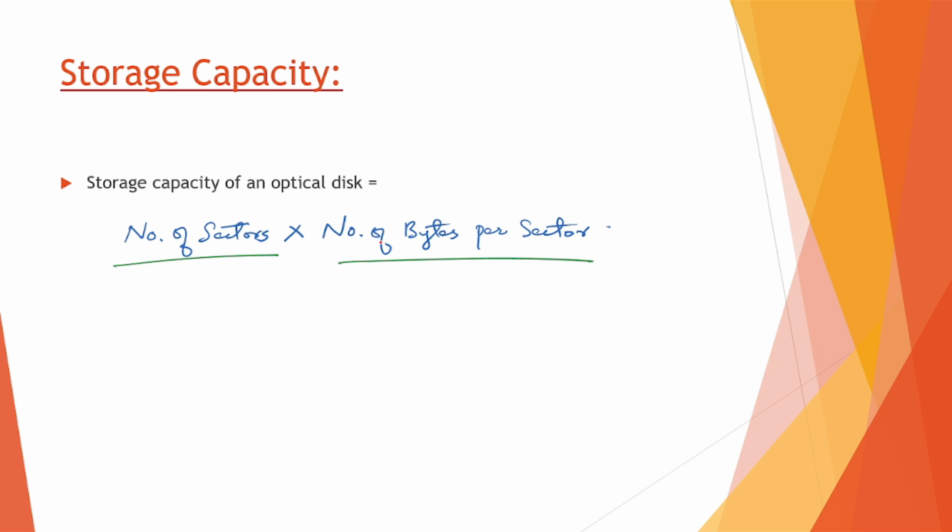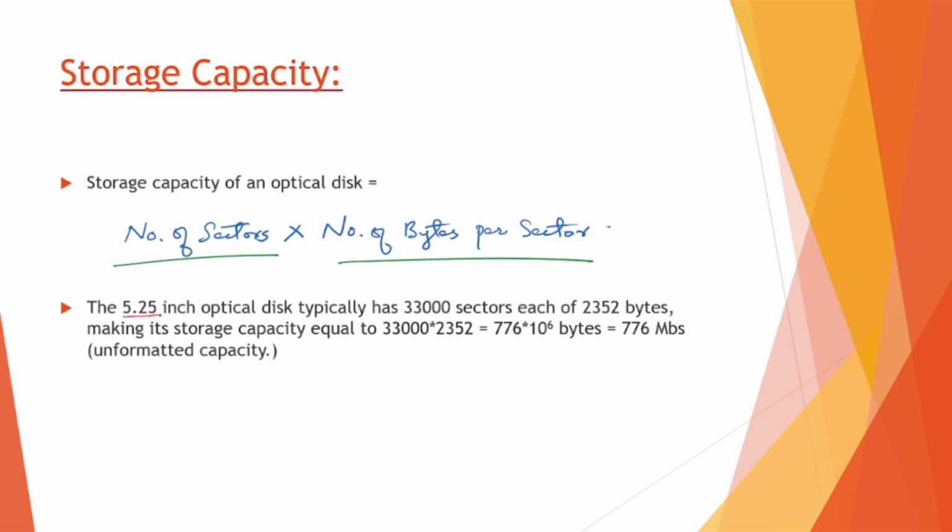Let me have an example so that it becomes more clear. If we have a 5.25 inch optical disc, it typically has 330,000 sectors, and each sector has 2352 bytes, making its storage capacity 330,000 multiplied by 2352, which is approximately 776 multiplied by 10 raised to the power 6, and we know 10 raised to the power 6 is mega, so it is 776 megabytes unformatted capacity.